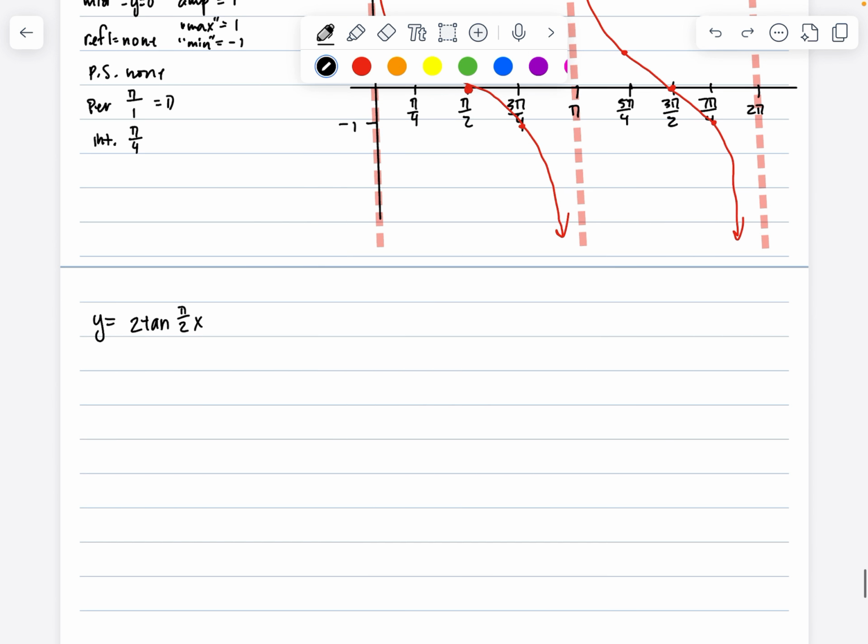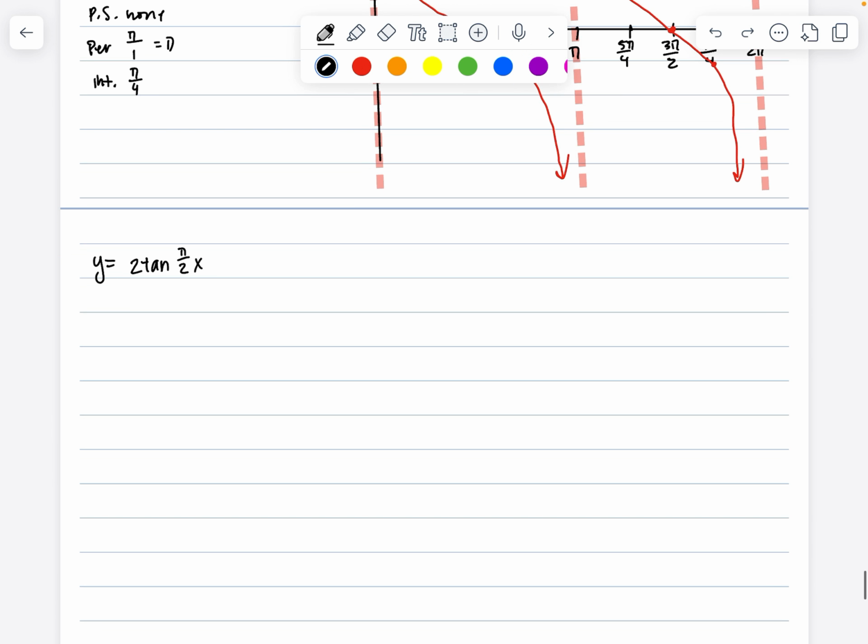Let's leave it as 2 tangent pi over 2x plus nothing. So, for sure, I'm going to do our fake midline 0. Our fake amplitude 2, because it's still the a value. Reflection, none.